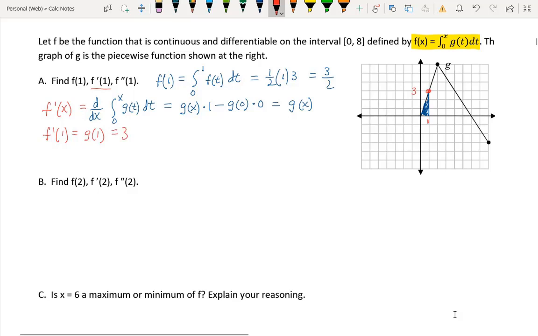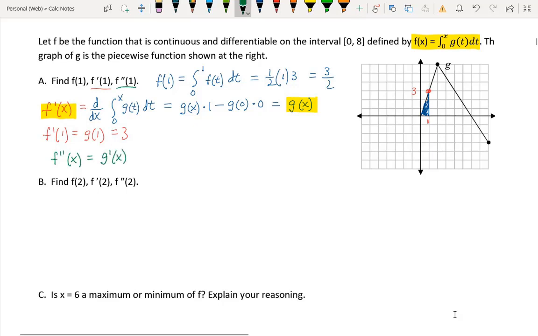That wasn't so bad, was it? Alright, now I need f double prime of x, because now we're going to do f double prime of 1. Now if you think about it, if f prime of x equals g of x, which we just showed back here, then f double prime of x should equal g prime of x.